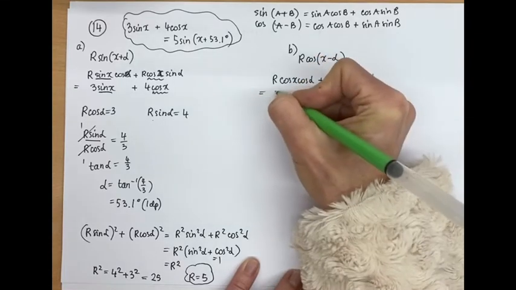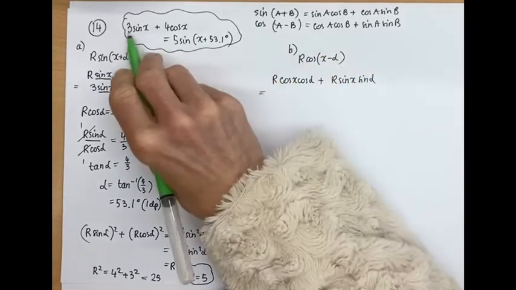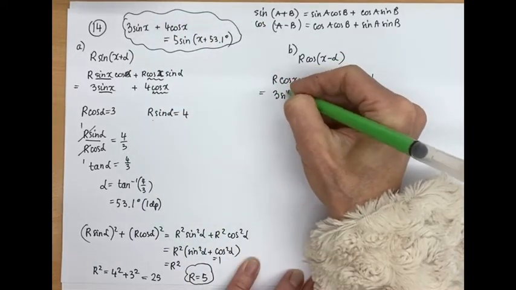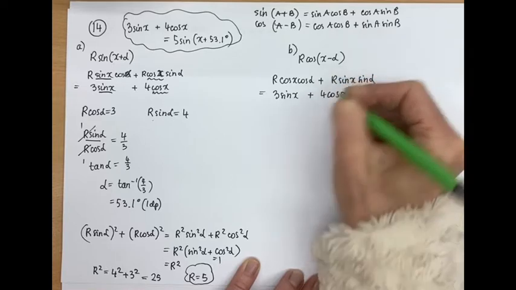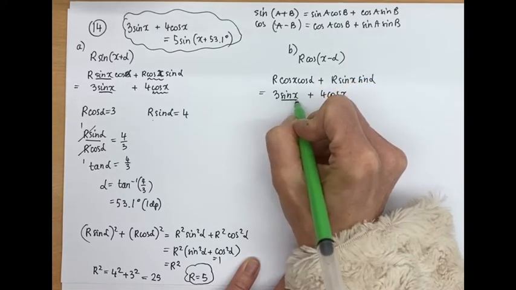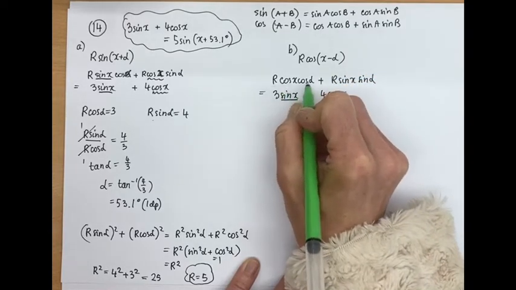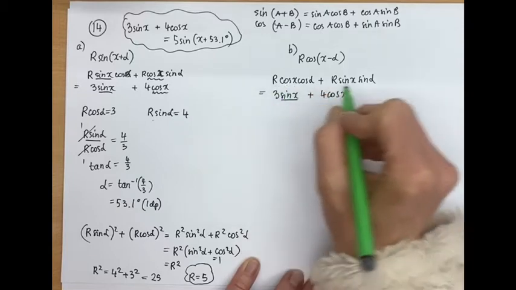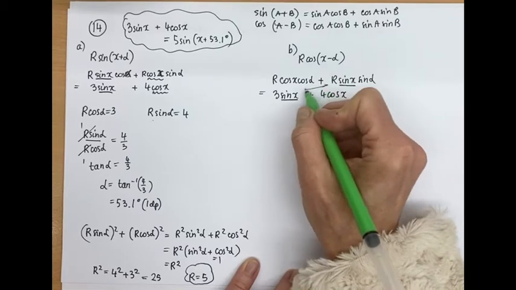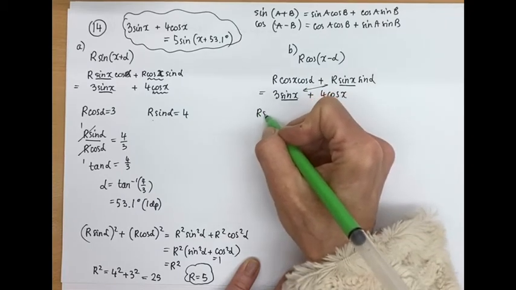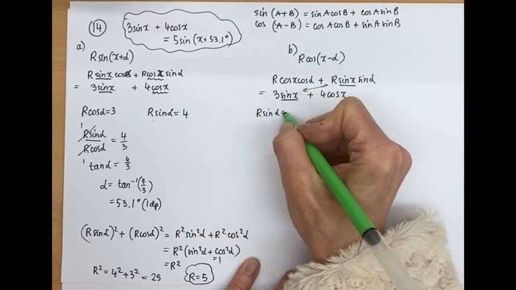So that has to be compared with our expression, which is 3 sine x plus 4 cos x. Over here, you need to watch it, because sine x is not in the first term of the expansion, but it is over here. So if you compare this with this, I'll be getting r sine alpha equal to 3.